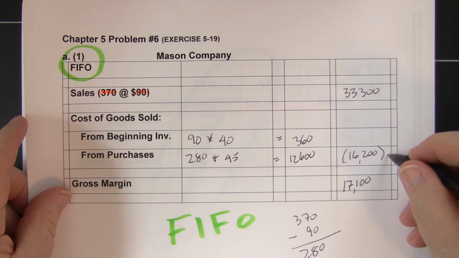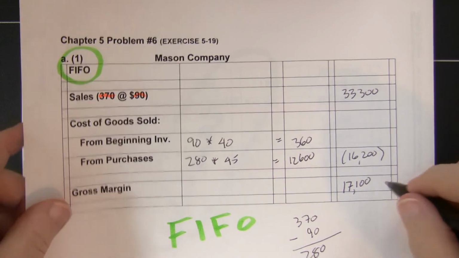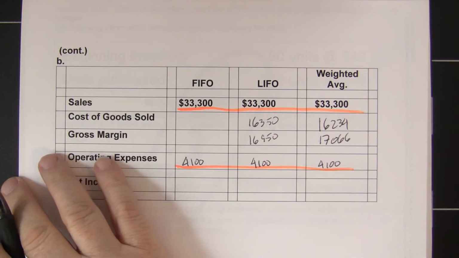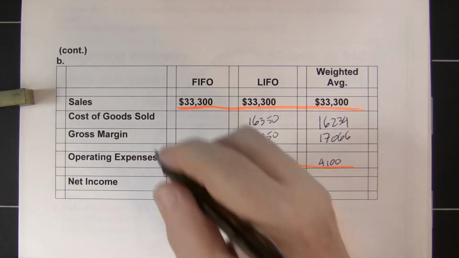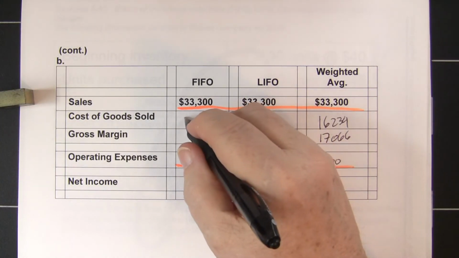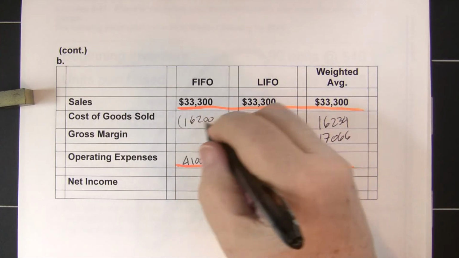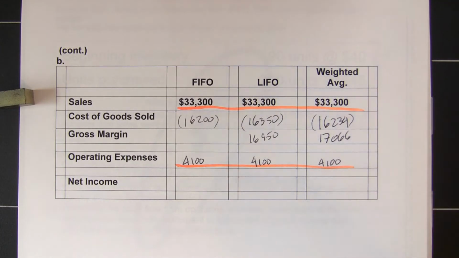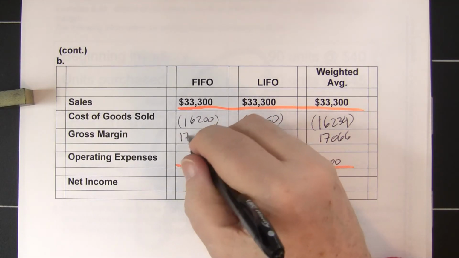Our cost of goods sold is $16,200, and our gross margin, $17,100. And all of these are subtractions. Remember, the definition of gross margin is sales minus cost of goods sold.